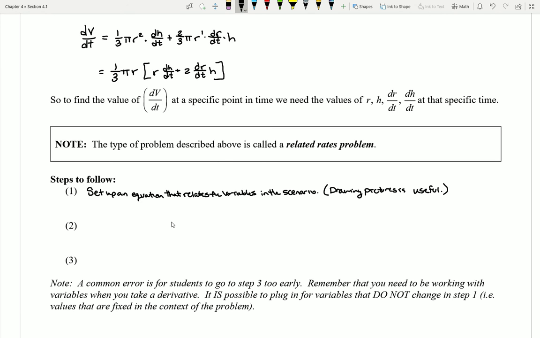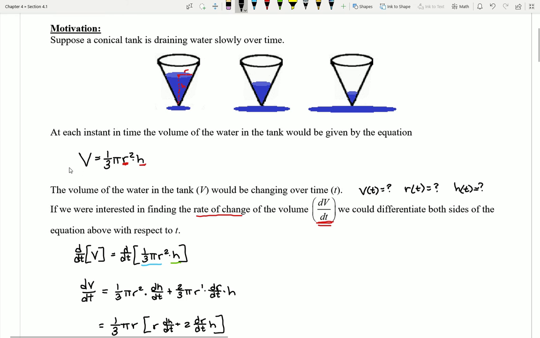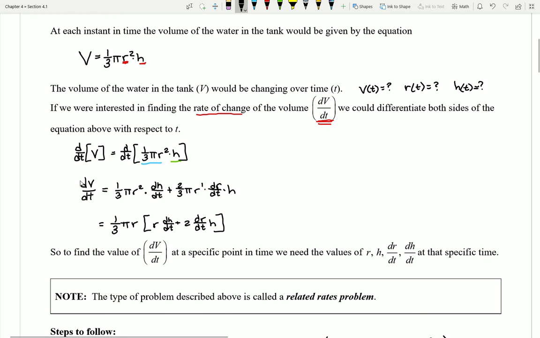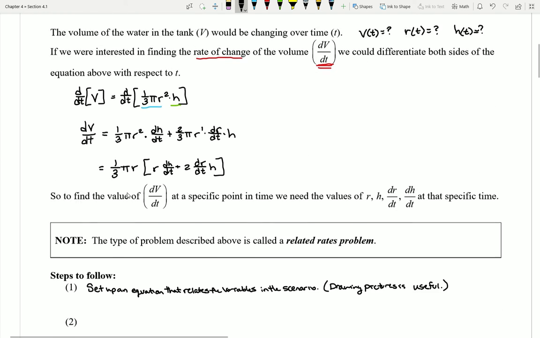Now, after I've looked at some pictures, like what we did here, I set up a formula that related all the ideas together. Here's how I would find the volume. Here's how it's related to r's and h's. Then I could go ahead and take the derivative of both sides.